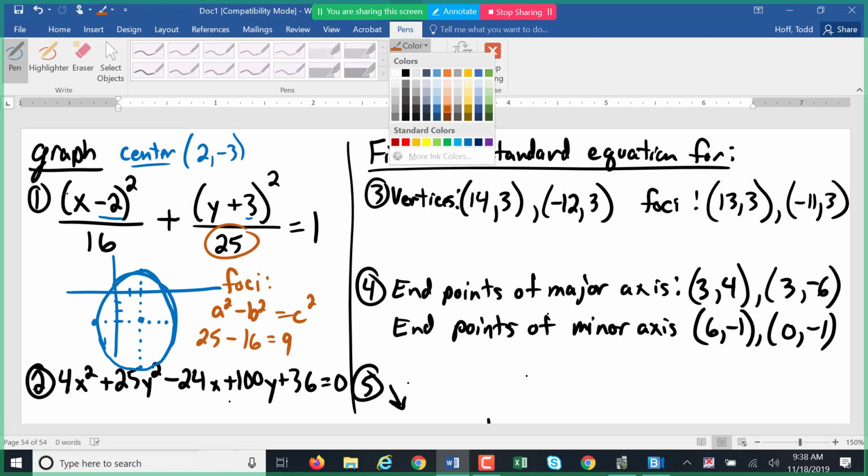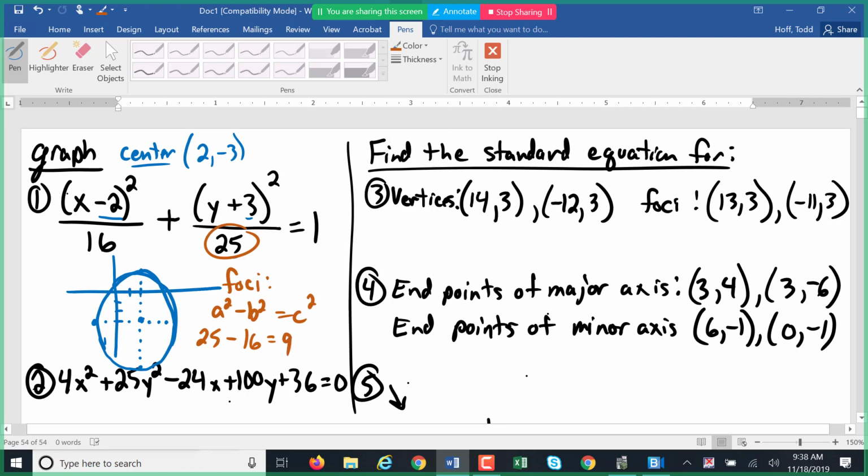So c squared being 9, if I take the square root of that, tells me that c is 3. And that focus always goes in the direction of the major axis. So 1, 2, 3, there's one focus. 1, 2, 3, there's the other focus. So my foci are at 2, 0 and at 2, -6. So those are my foci.